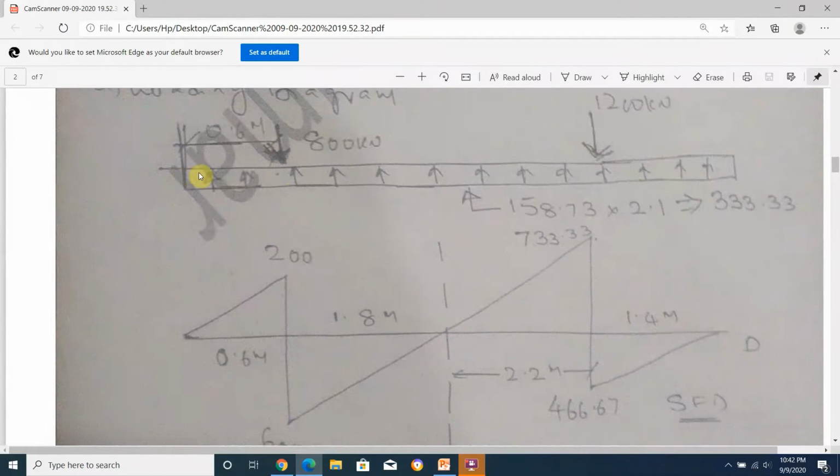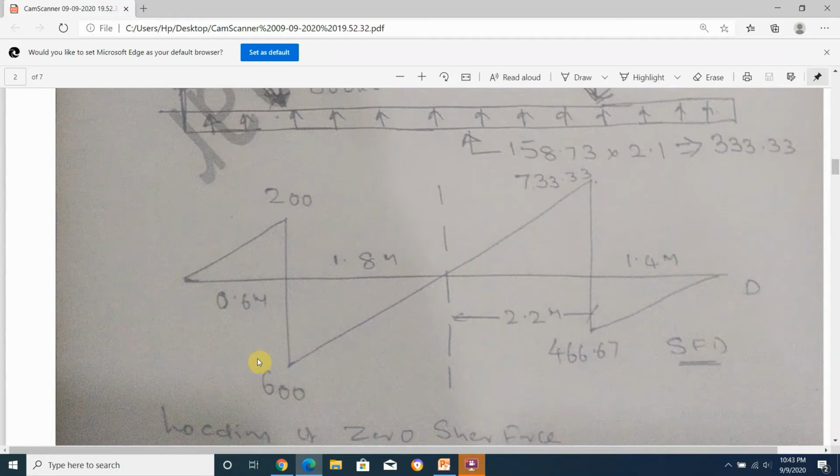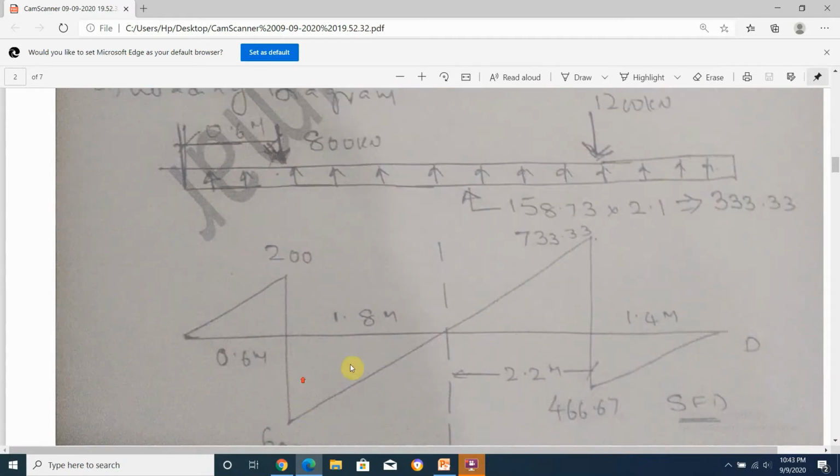Take out your calculators. 333.33 into 0.6, I will get 200. At this same point, you have 800 downward force, hence 200 minus 800, I will get 600 here. Now this is minus 600, this is acting upwards, so it is taken as positive.